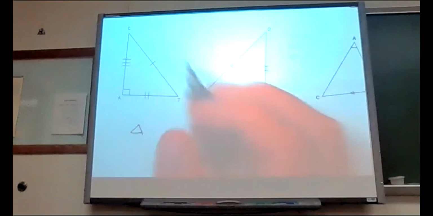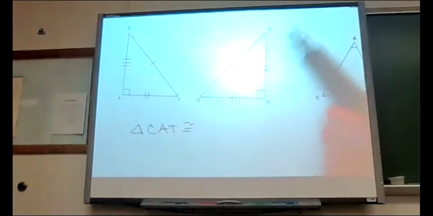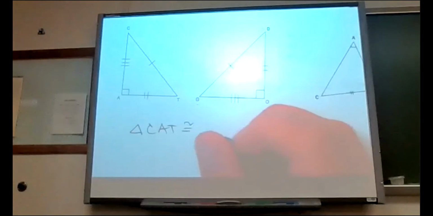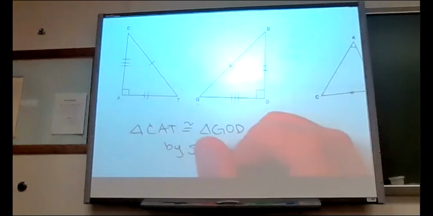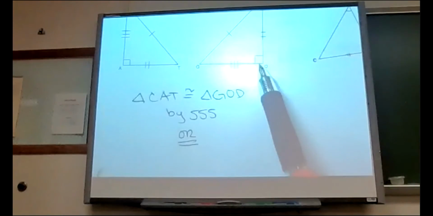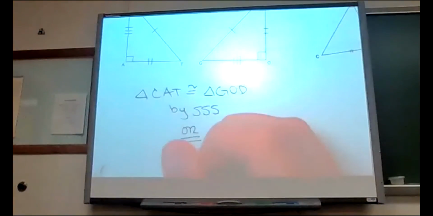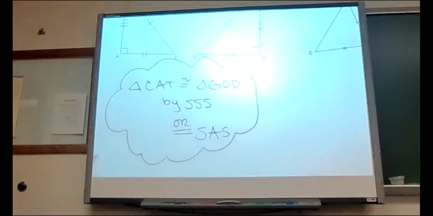So triangle CAT is congruent to the other triangle by side, side, side, or I could have also used side, angle, side. They also have an angle between these two sides here. So there are two ways that I could say that those triangles are congruent.